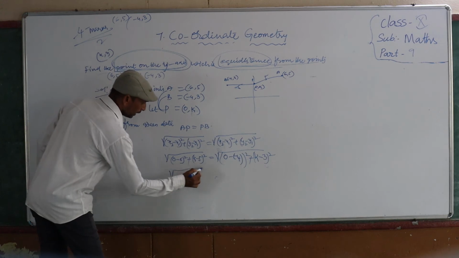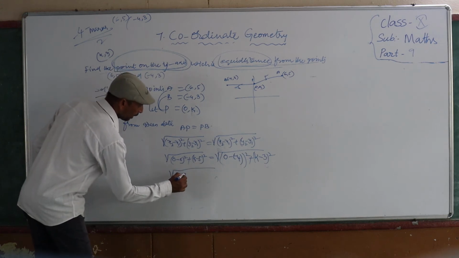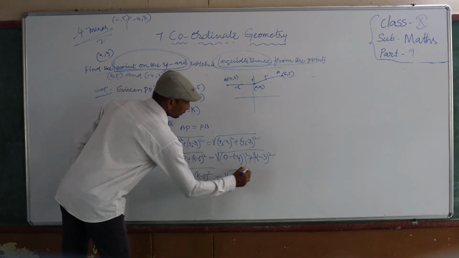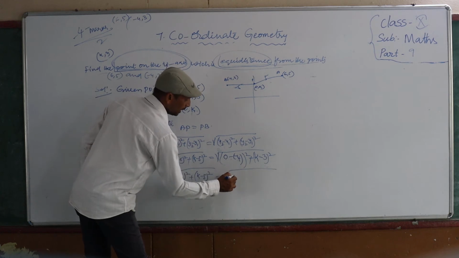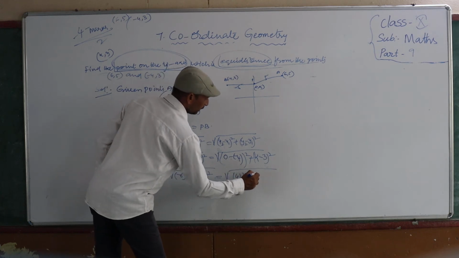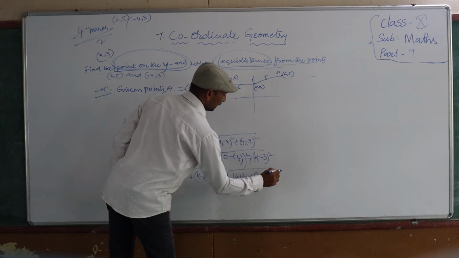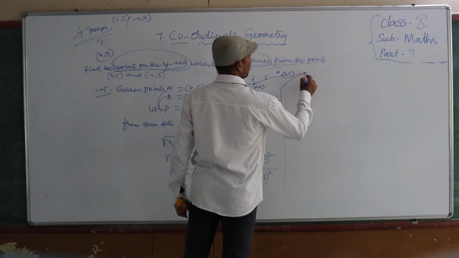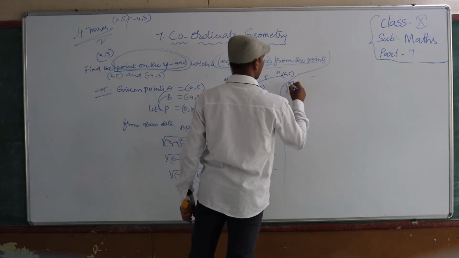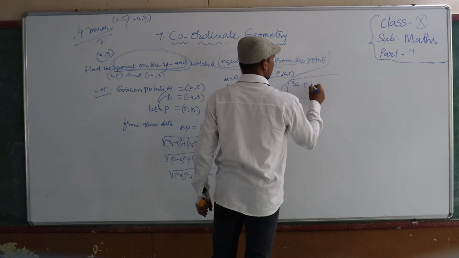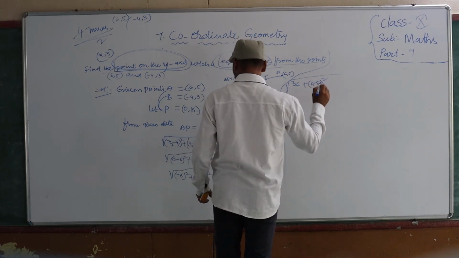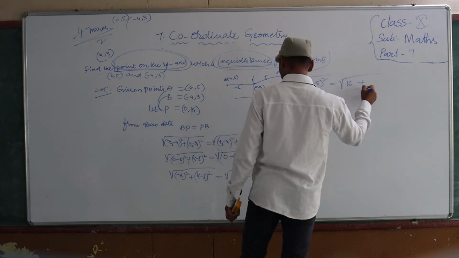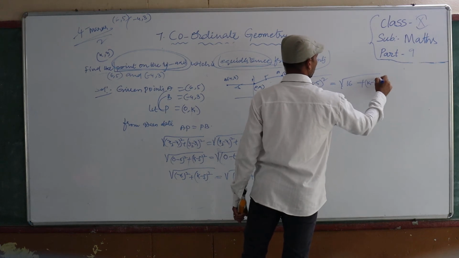Right, now under root of (minus 6) square plus (k minus 5) square, let it be. Then minus into minus plus 4 square, then (k minus 3) also the same. Now 6 square is 36, under root, plus (k minus 5) whole square, that is equal to under root of 16 plus (k minus 3) whole square.